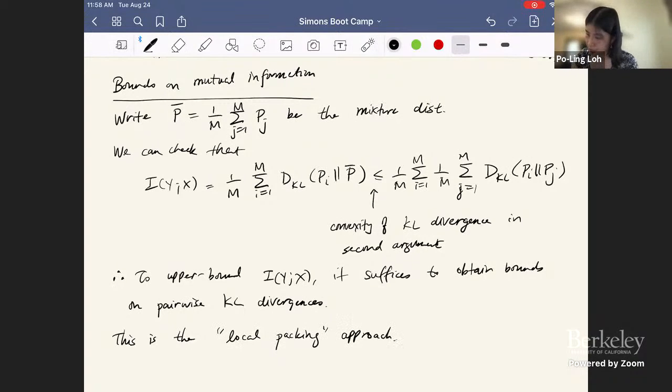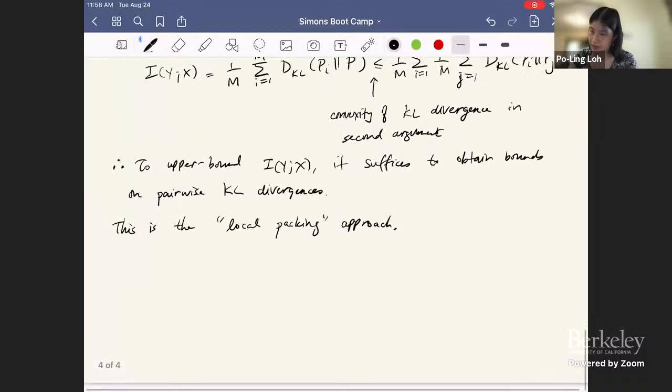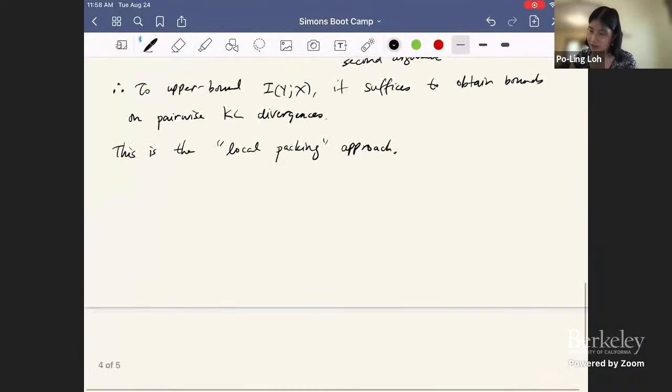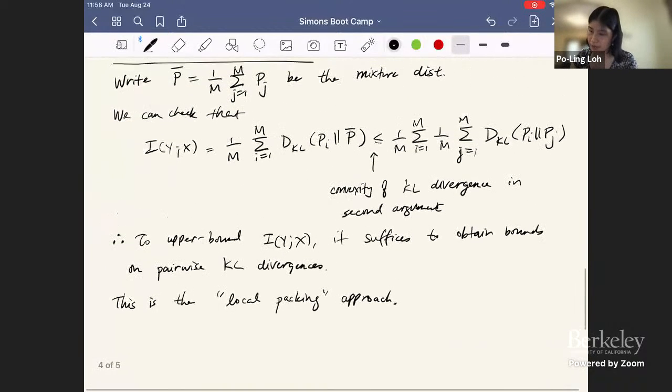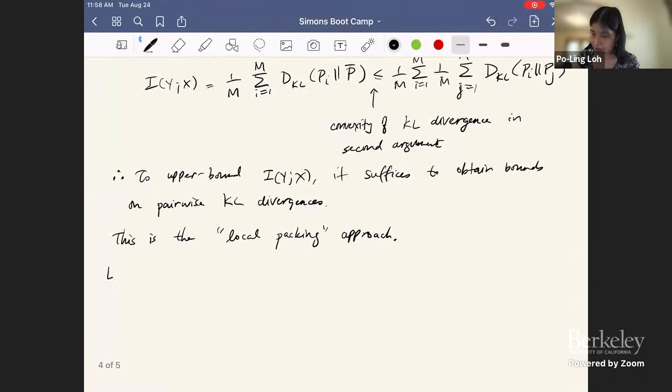Okay, so to make things a little bit less abstract, now we're going to run through a few examples. We're going to run through 3 examples, and these examples, in addition to helping you understand how you would use these results, are examples that we're going to be returning to when we add on different constraints later on.